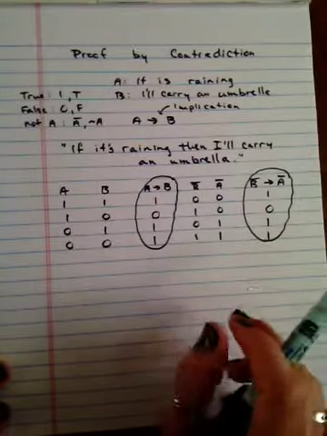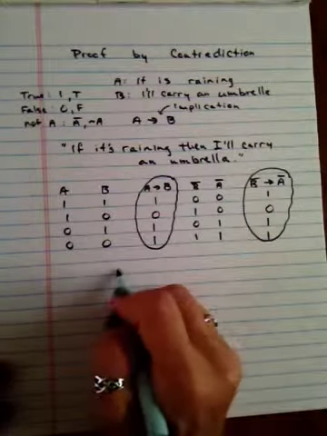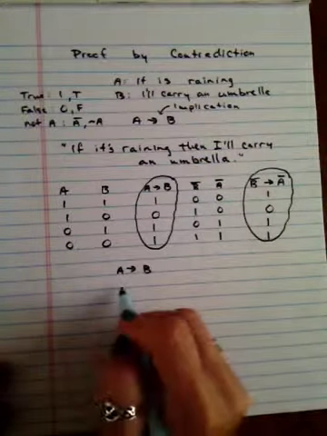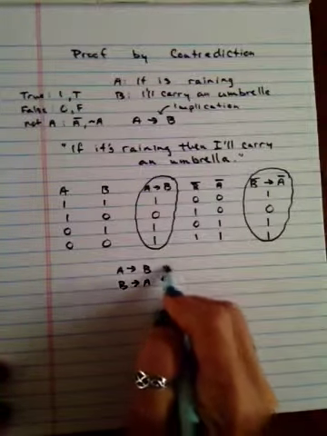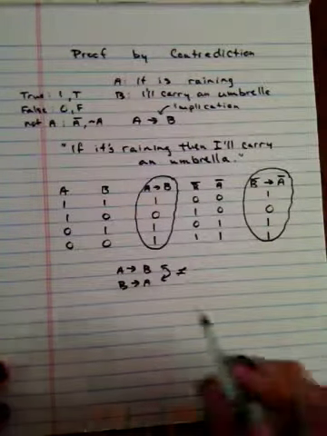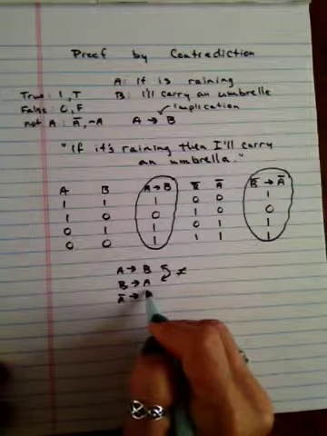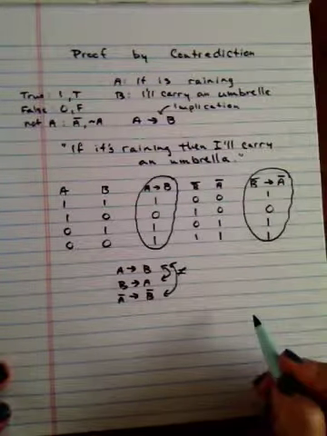But if I had done the inverse or the converse, where you start with your implication, A implies B, and you have different possibilities of this. You can switch, B implies A. These two are not equivalent. Or if you do not A implies not B. These two are also not equivalent.